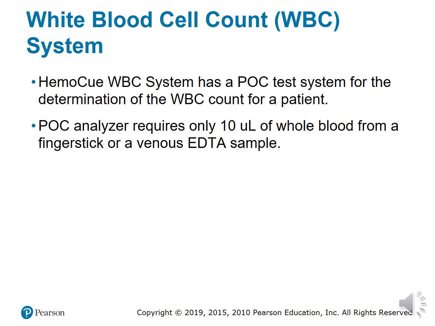And basically, with this analyzer, it uses 10 microliters of whole blood from a finger stick, or sometimes we can use it from a venous sample if we just happen to draw a venipuncture and we have an EDTA sample or a purple top. The nurses can take a drop out of our purple top and run this rapid test on the patient while they're waiting for the official lab report.